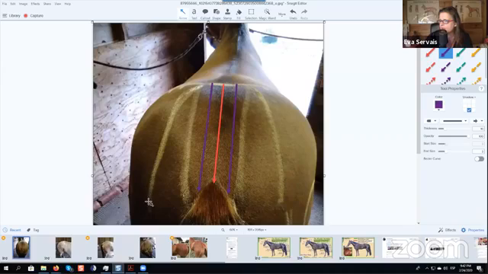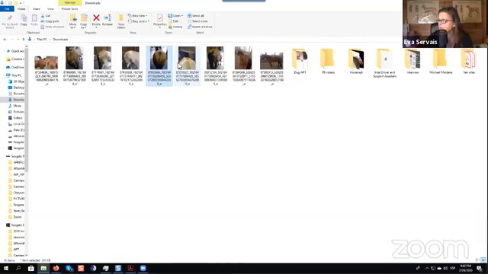And then here from my 8, I'm coming up to the highest point on the rump. And then I'm coming down, and here I'm going to push. And this purple line has to be at the same width from here to here to here to there. Let's see the next picture.